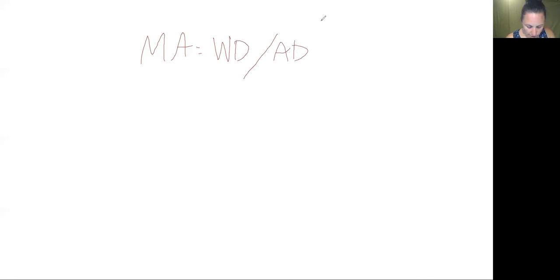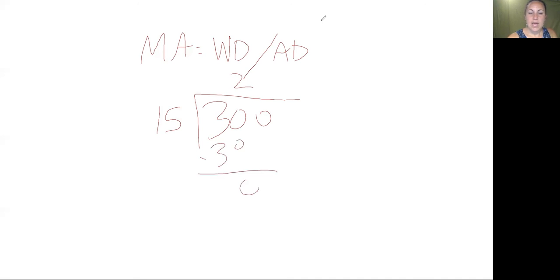Okay, so if our wheel diameter is 300 centimeters and our axle diameter is 15 centimeters, 15 goes into 30 2 times, which is 30, and 15 goes into 0 0 times, and we have no remainder. And so our mechanical advantage is going to be 20.